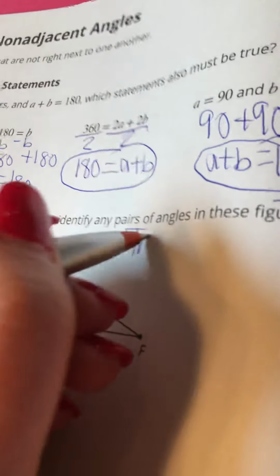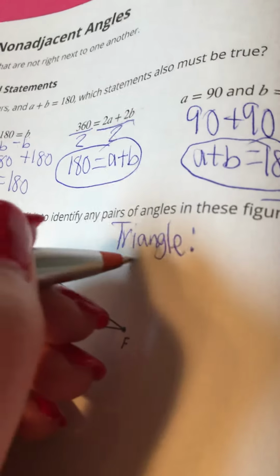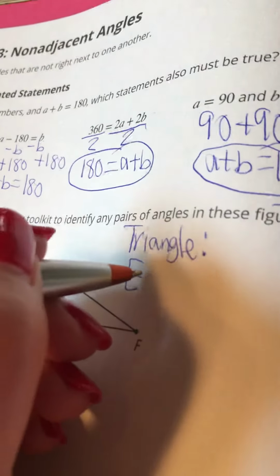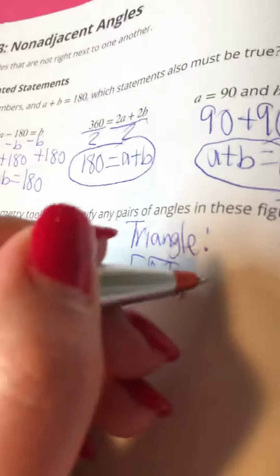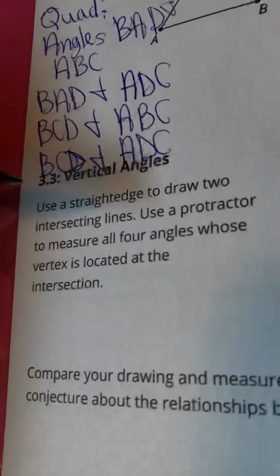Now for your triangle, the complementary angles are EFG and EGF. So now you could do this 3.3.